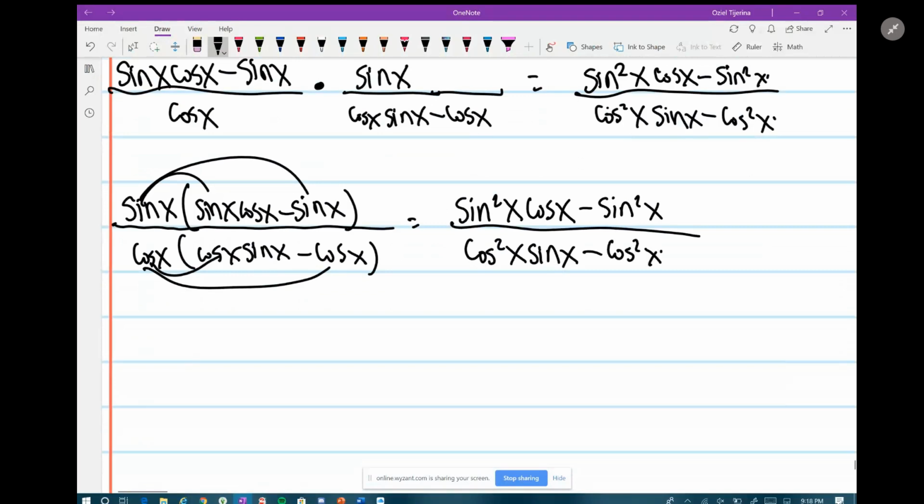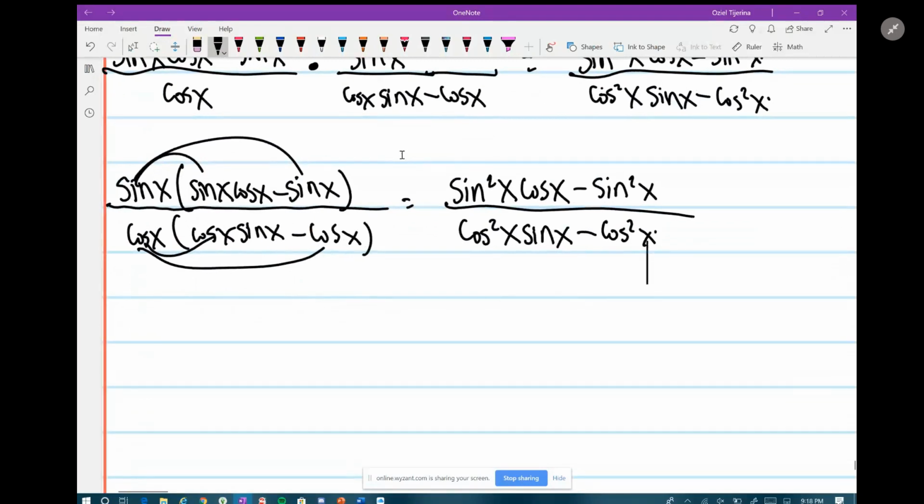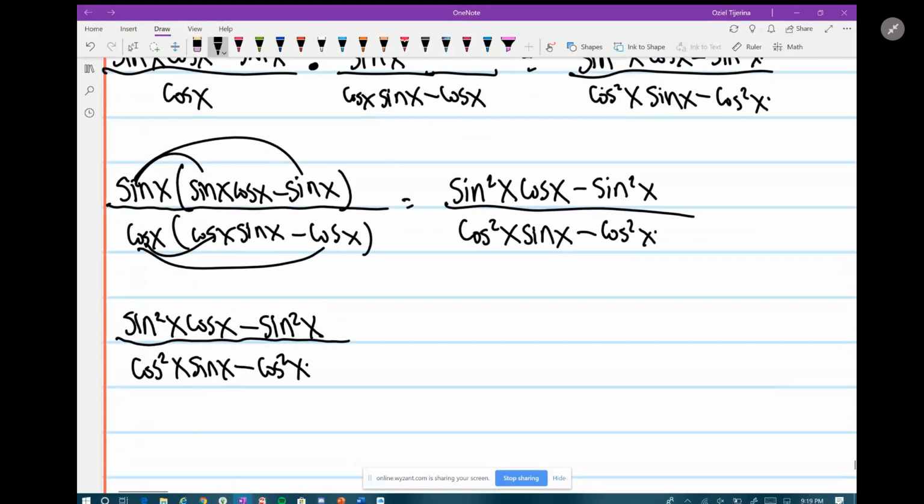Okay, so now we can go ahead and finish it off. Now that we distribute, we're going to have sine squared of x cosine of x minus sine squared of x, and right now we're just looking at the left side. And then the bottom we have cosine squared of x sine of x minus cosine squared of x.